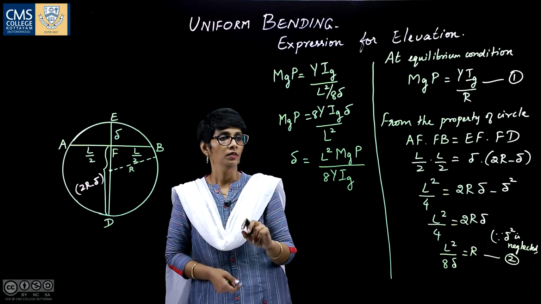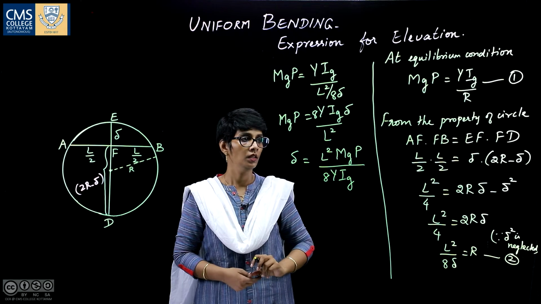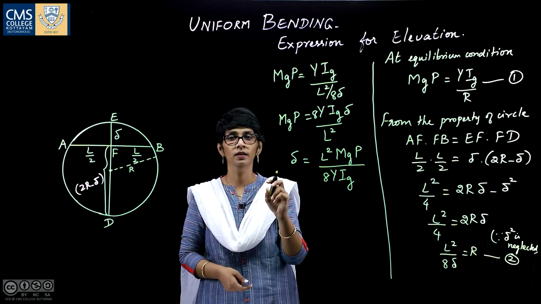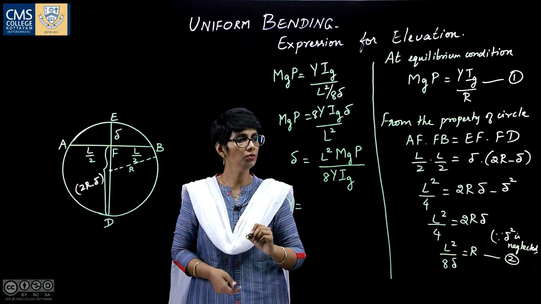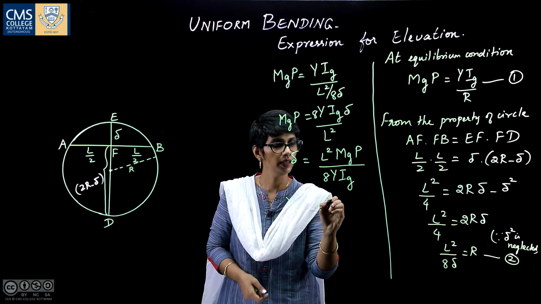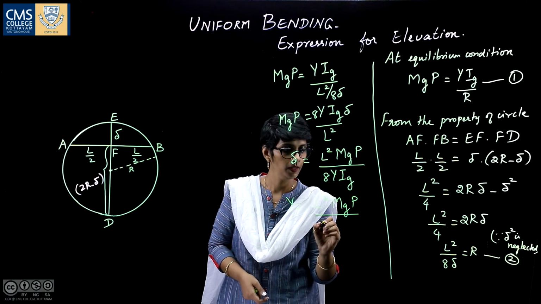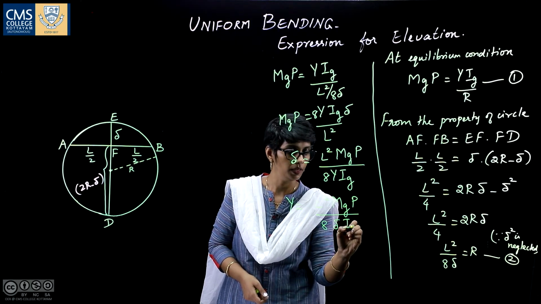So with this we can get the elevation of the bending beam. We can also find the Young's modulus of the material once we know the elevation of the beam. That is, Y equal to L square mgp by 8 delta Ig.